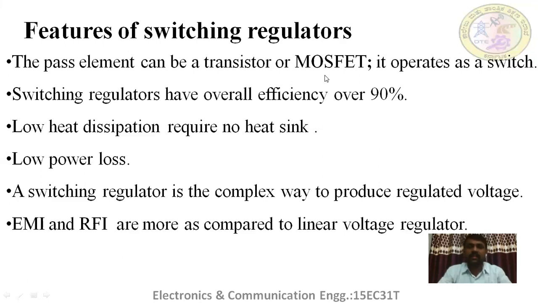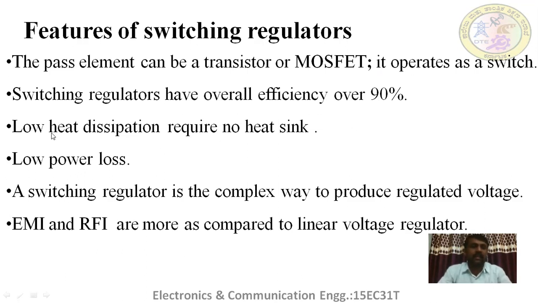acts as a switch. Therefore, there is no chance, or there is less chance of heat or power dissipation or power loss. And we know that this switching regulator provides an efficiency of about 90%, even more than 90%.